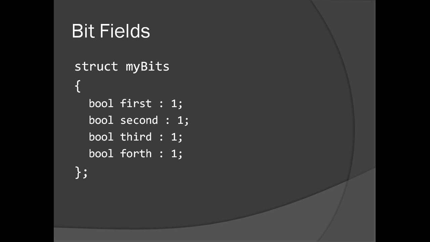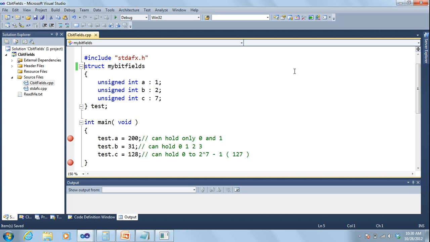Let's straight away go to a program and see what bit fields are. We have a program up here. We have a struct keyword here. Please note that when you represent bit fields, struct is mandatory. We have 3 members inside that struct. There is a colon up here and a number, 1, 2, 7.